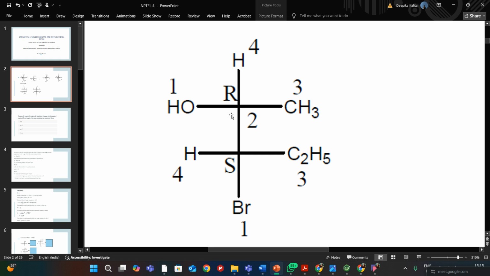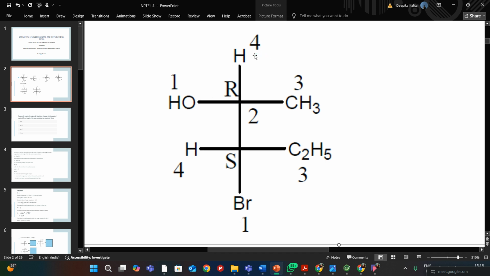Okay, so there must be a mistake made here, because since the fourth group is present in the vertical direction, no reversal will be made, and hence it should be assigned S configuration. Okay.